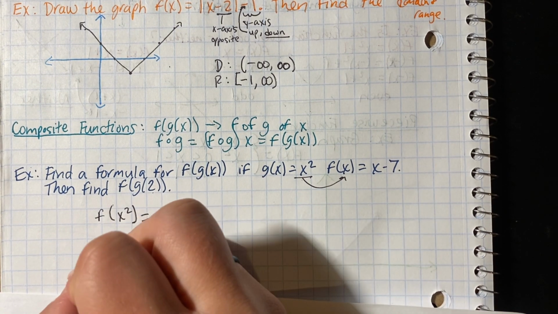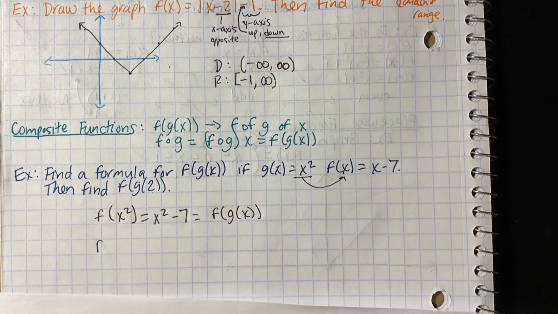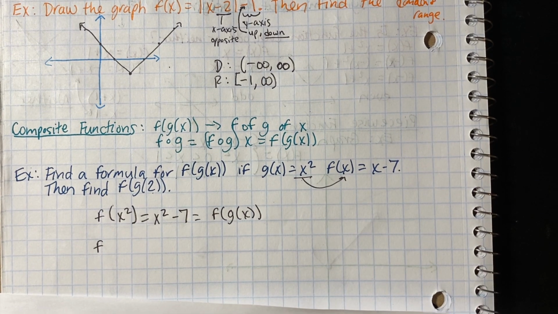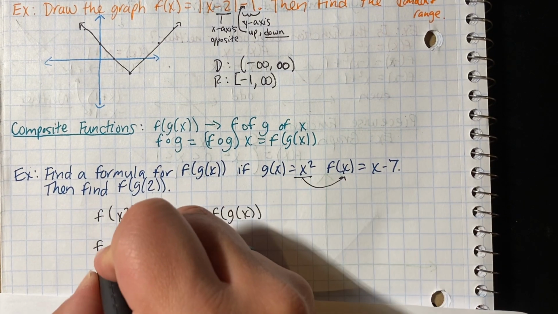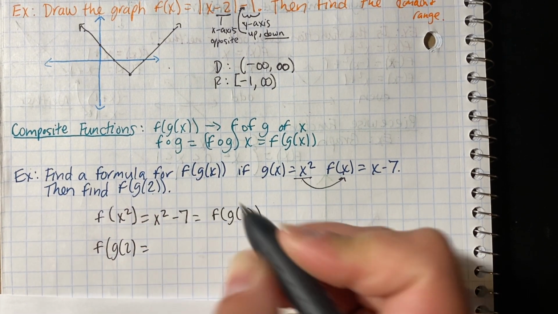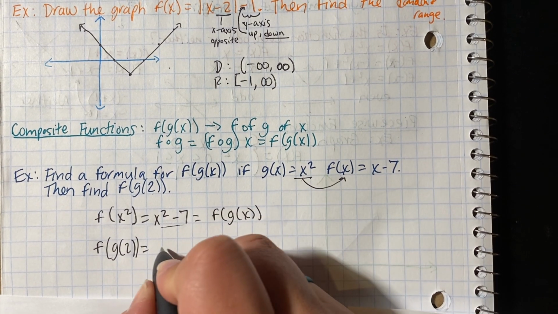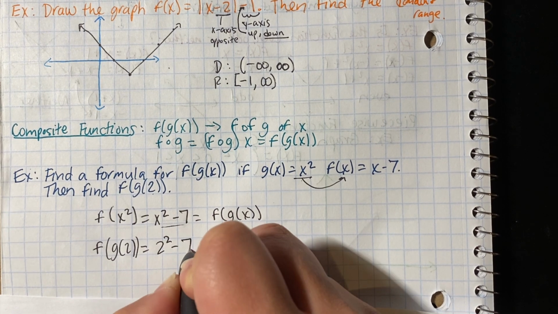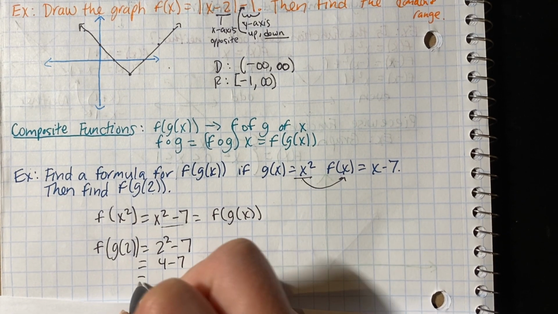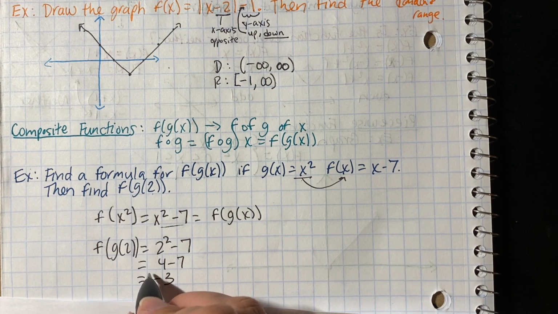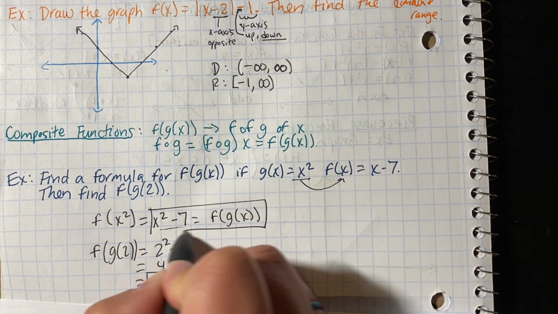So now what we would do is, because this is also equal to f of g of x, we're going to put this. So f of g of 2 means that we're going to take this right here, because this is f of g of x, and we're going to put a 2 in for there. So 2 squared minus 7 equals 4 minus 7 equals -3. That's your answer.